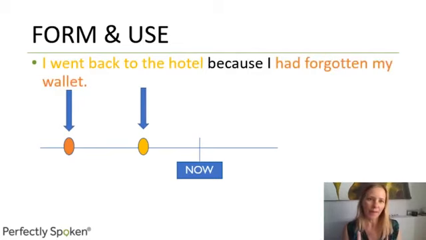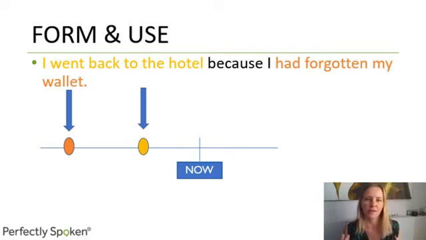Now, compare with this sentence. I went back to the hotel because I had forgotten my wallet.